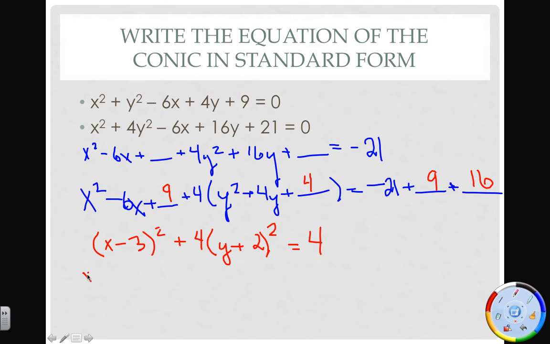So we get x minus 3 squared over 4 plus, here I'm dividing by 4, but 4 divided by 4 is 1. So I'm going to write this as, oops, not y squared, y plus 2 squared. I am going to write over 1 just because for right now, even though technically you don't need to.